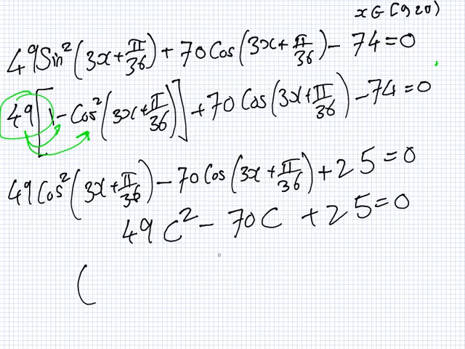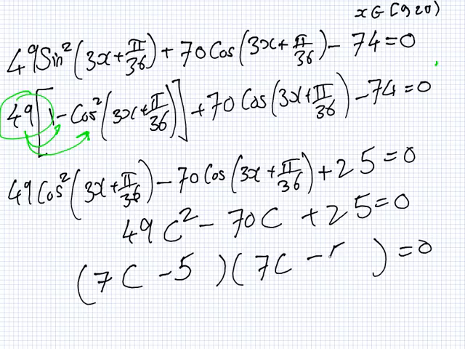With the help of my calculator, I know there are factors here. 7 thingy minus 5, and the other factor is 7c minus 5 equals 0. Now I'm only writing C for short, but what does C stand for? What do you think I mean when I say C? Yeah, I mean the cos (3x plus pi over 36).